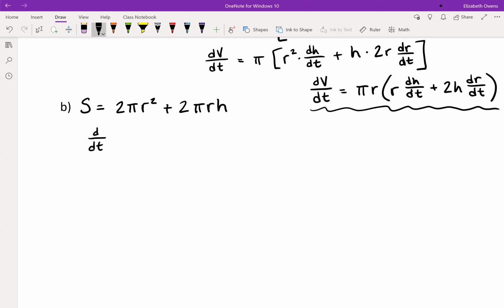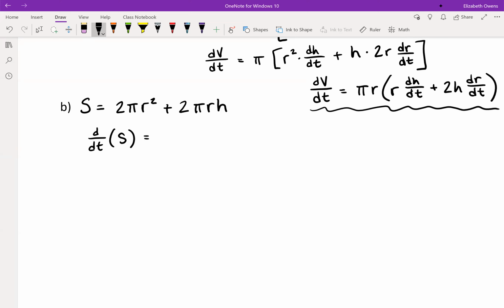d dt of s. And on the right-hand side here, we do get a choice if we want to factor out 2 pi or not. Do you guys have a preference? Factor or no?